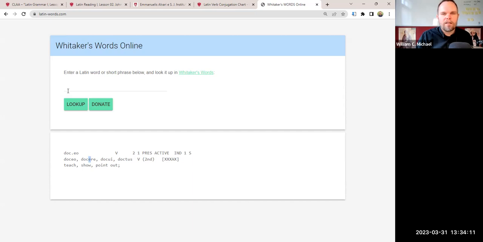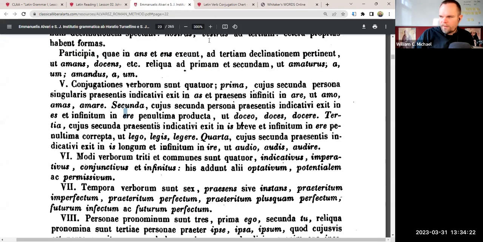And we'll look at a third conjugation word in a minute, and you'll see that in a third conjugation, this E disappears, all right? So let's go look at that. So we're going to go on to the third. You see the example verb is doceo, doces, docere, okay? Now the third conjugation, whose second person present indicative ends in is, okay?